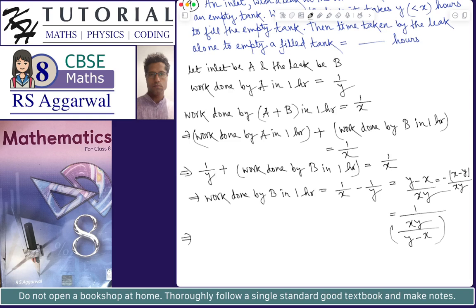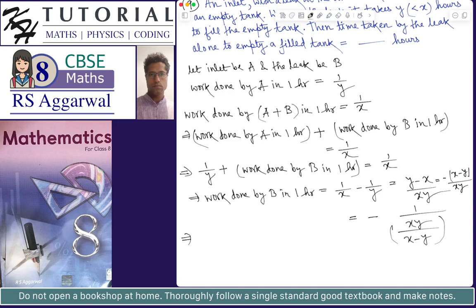So we can write the work done by B to be negative of 1 by xy divided by x minus y. So we have work done by B in 1 hour is negative of 1 by xy divided by x minus y, which means that this part of the tank is being emptied by the leak in 1 hour.